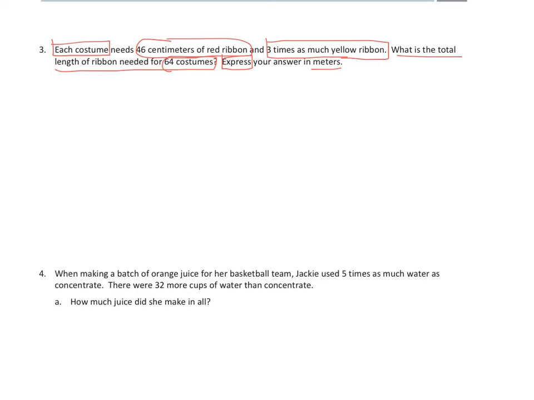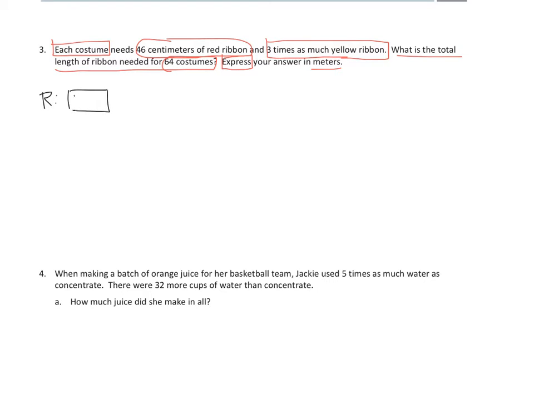And like I said, this is a multi-step problem, so we're going to have lots of math involved here, which I love. So let's start with the first sentence. For every costume, there needs to be 46 centimeters of red ribbon. So I'm going to put an R for red ribbon, and I'm going to make a little tape diagram.